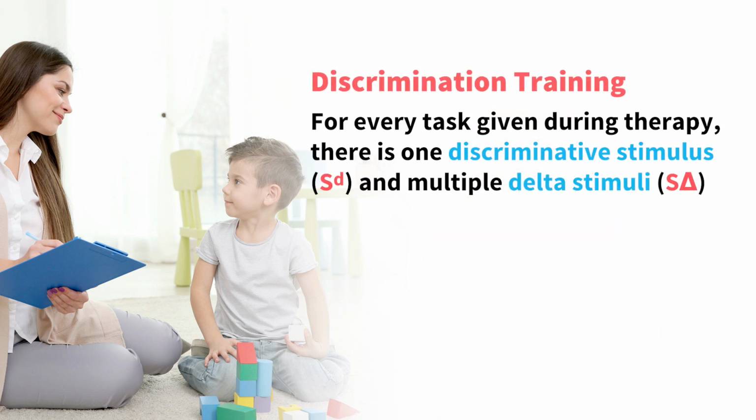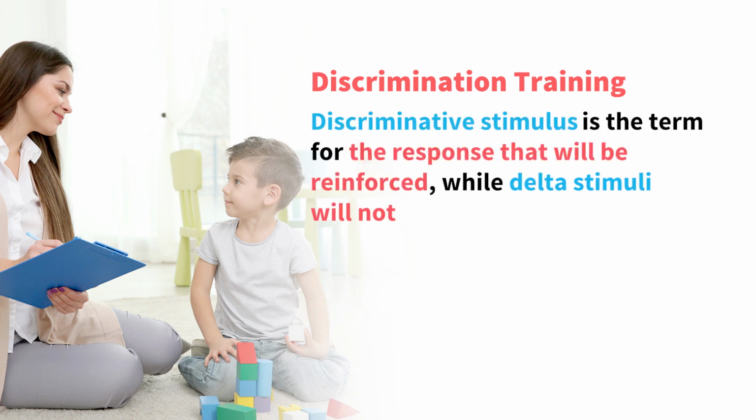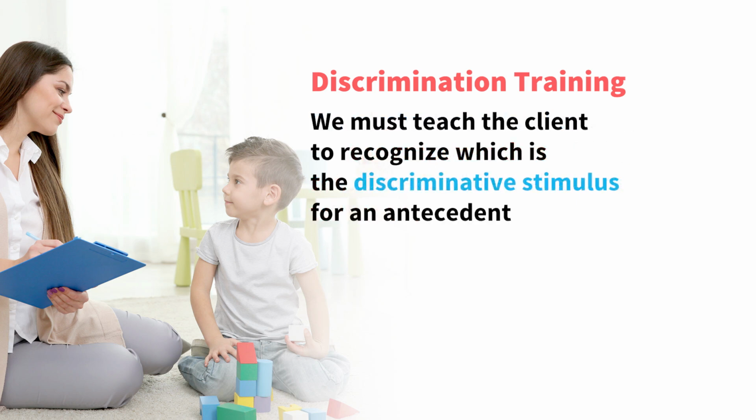For every task given during therapy, there is one discriminative stimulus, SD, and multiple delta stimuli, S delta. Discriminative stimulus is the term for the response that will be reinforced, while delta stimuli will not. We must teach the client to recognize which is the discriminative stimulus for an antecedent.